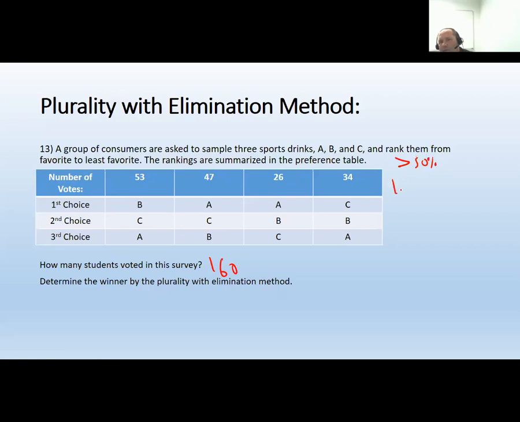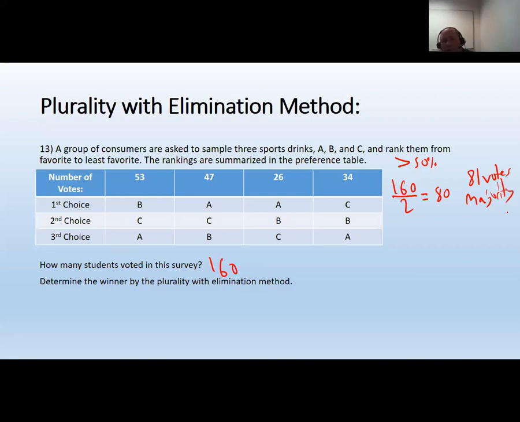So what's 50% of the vote if you have 160 voters? That would be 80. But you can't win with 80. You have to have more than 50%. So what's the next number after 80? 81. So 81 votes for a majority. You have to determine what your threshold for a majority is.